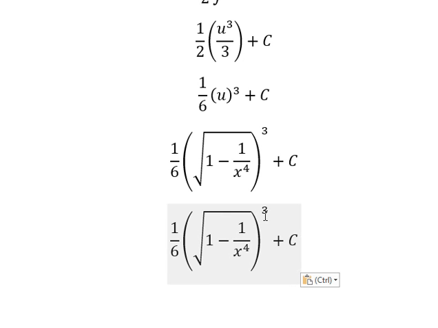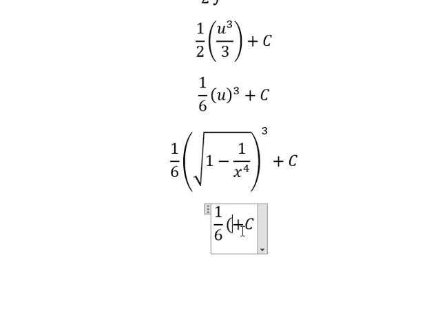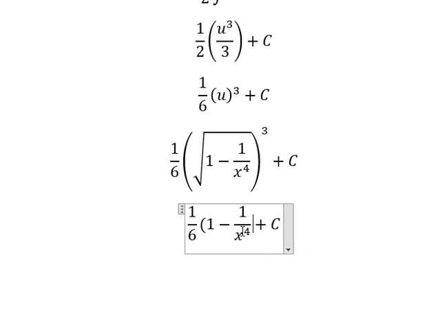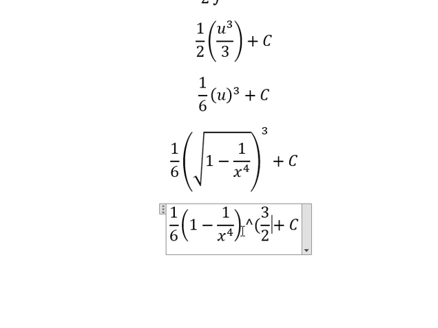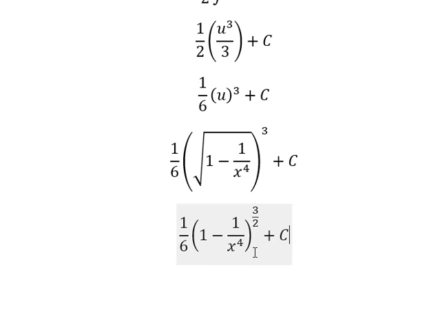Or we can put like this, the square root of 1 over 2. So 1 over 2 multiplied by 3, so we will have 3 over 2. And this is the final answer.